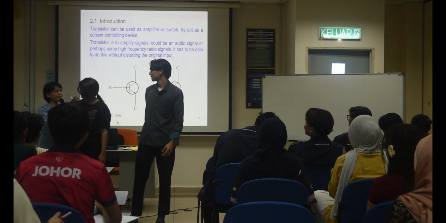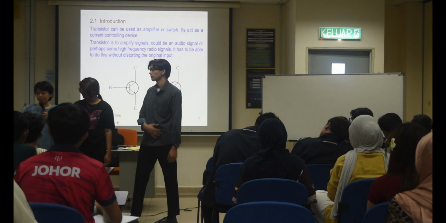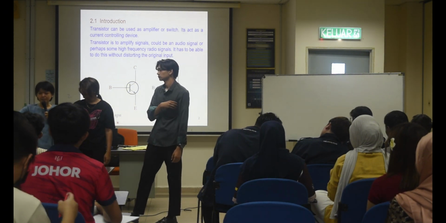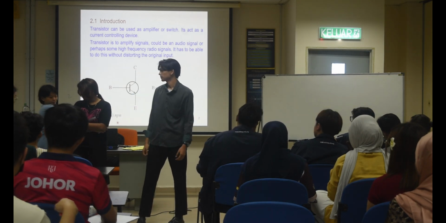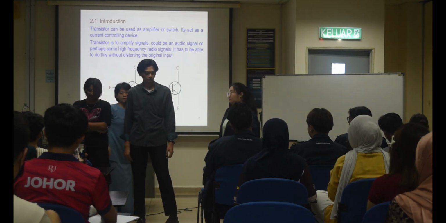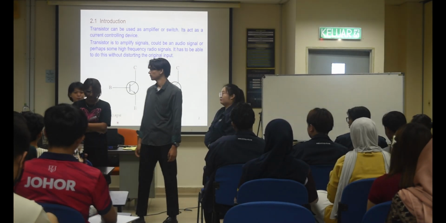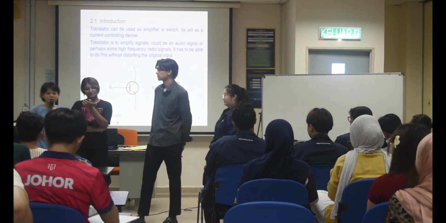Then if NPN, which one do we want to add? One more N comes, and another sits there. Then this one we call NPN. Understand? So the three of them connect together and connect to the electrodes.